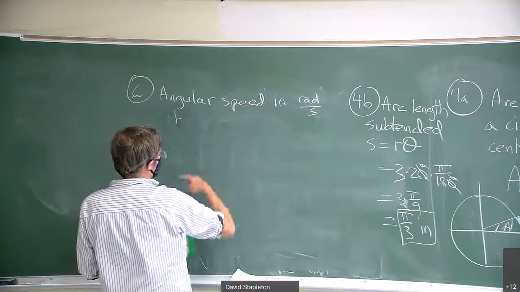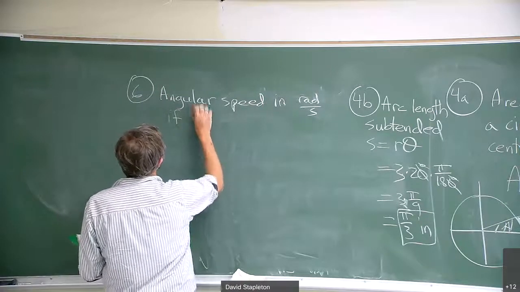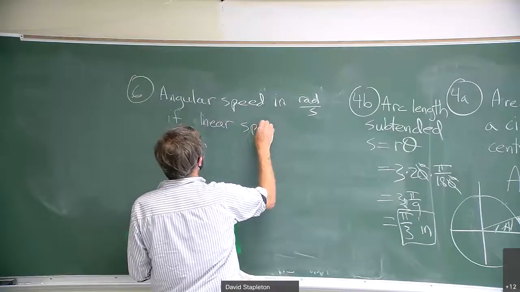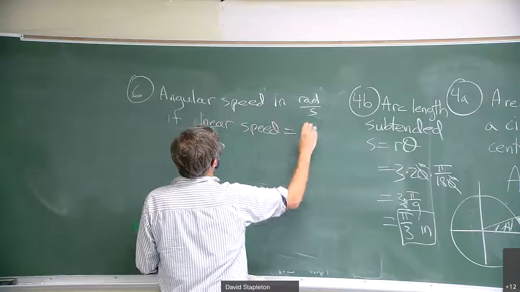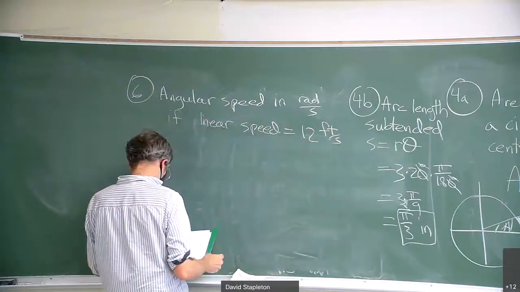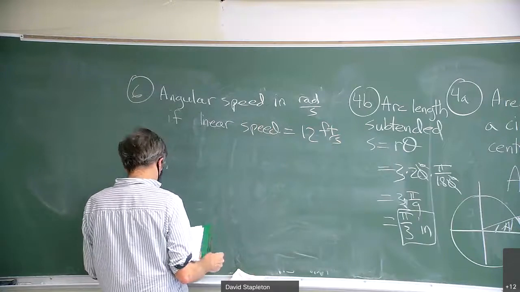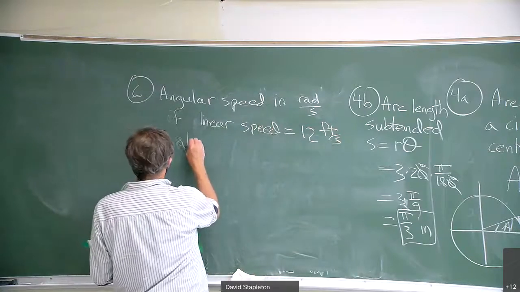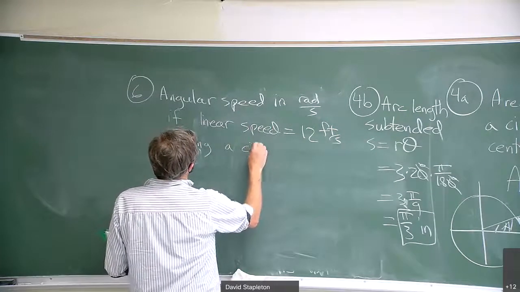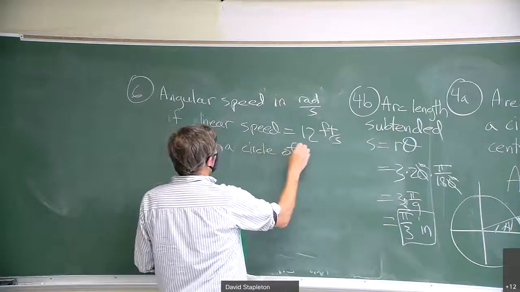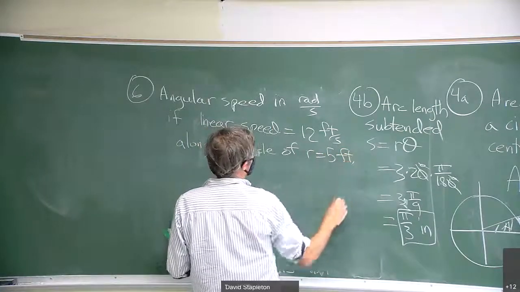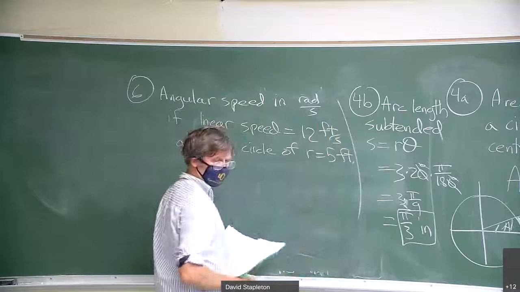That's the speed of a point along the circle. Along a circle of radius 5 feet. How about that one?